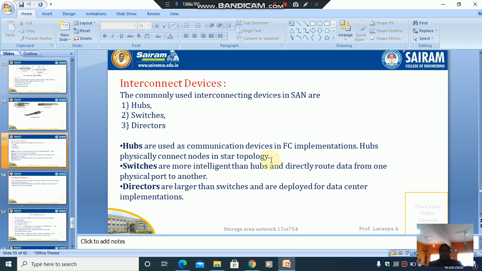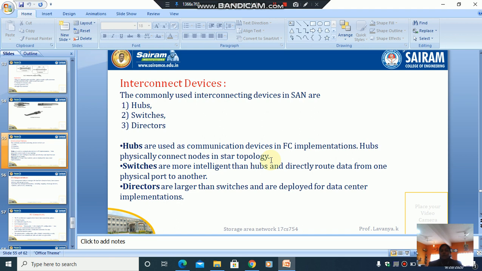A hub physically connects nodes in a star topology. I am repeating: with hubs we establish connections between the nodes in the form of a star topology. In the star topology all the nodes are fully connected with each other, as in the mesh topology.